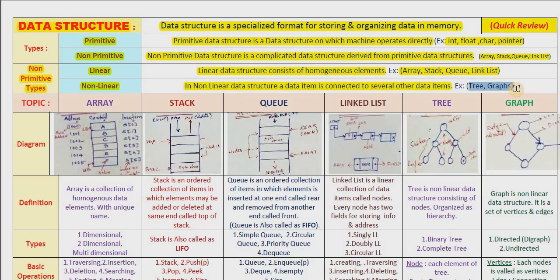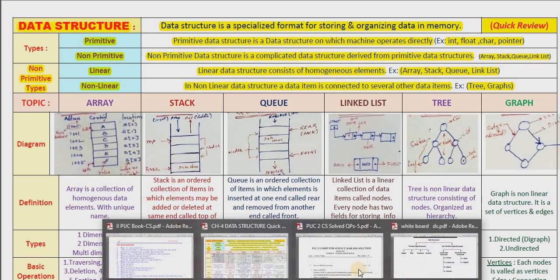Examples are tree and graph. Here you can also see tree and graph in the diagram. These are non-linear, non-straight, and the remaining four data structures are linear or straight.